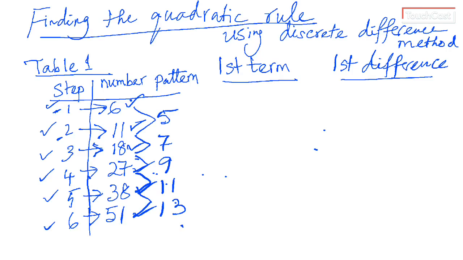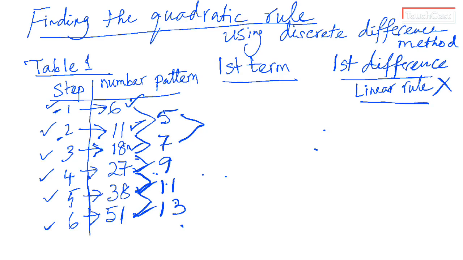Not a huge problem. One of the things we figured out is that the linear rule will not work. It's not going to work. So in that kind of situation, we also learned that we work out the second difference, and this is how we do it.